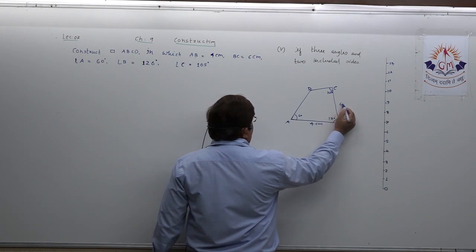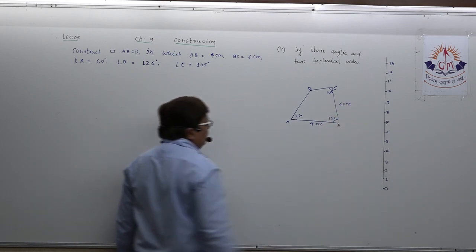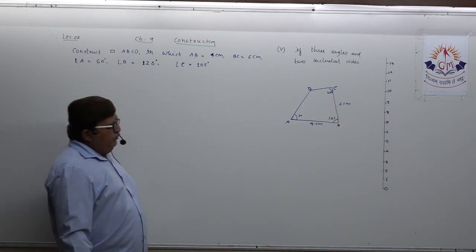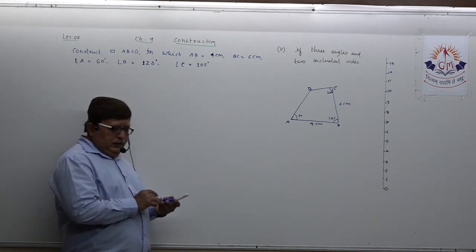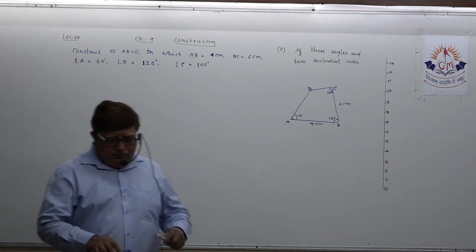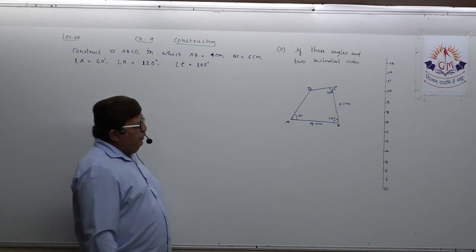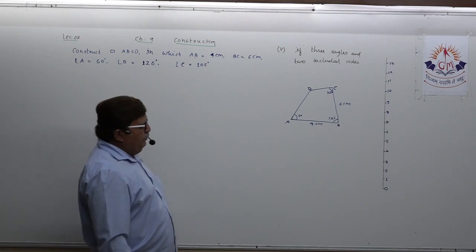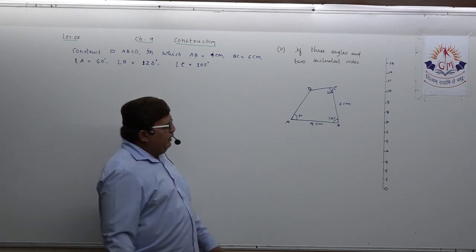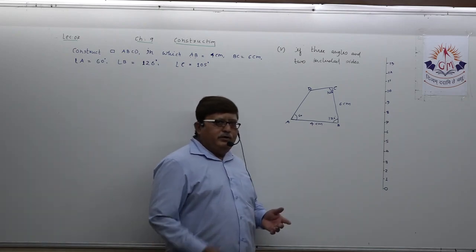BC you all know 6 centimeter. Understand? So somehow the rough sketch is already given. Now dear student, when the rough sketch is given, some student may like to take BC as the base.